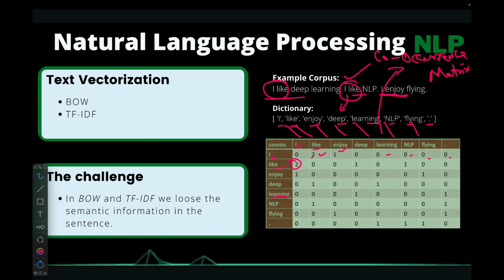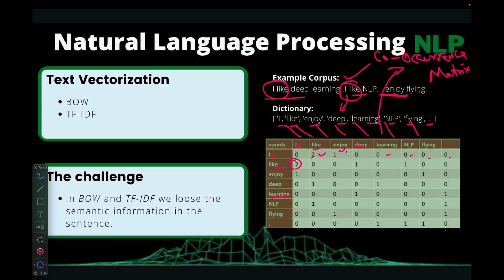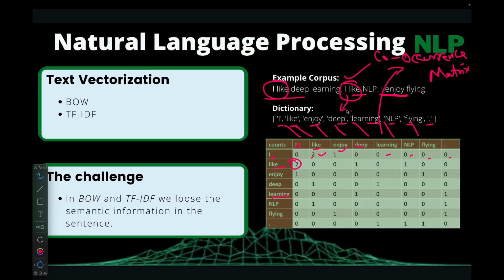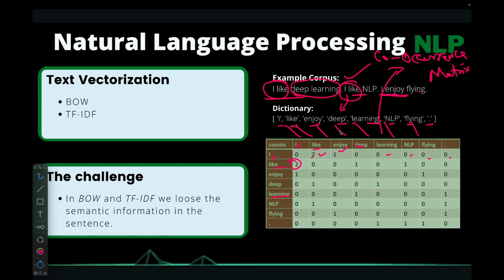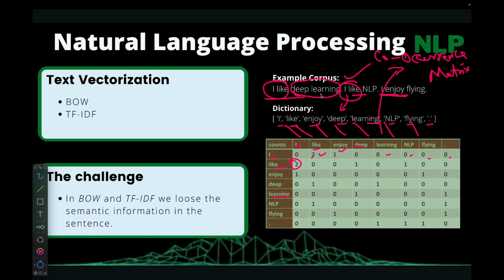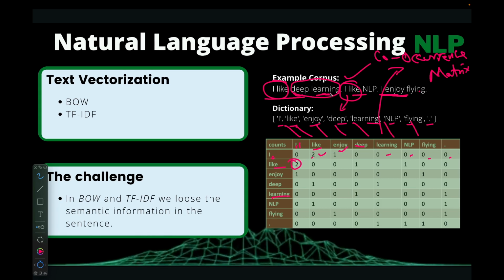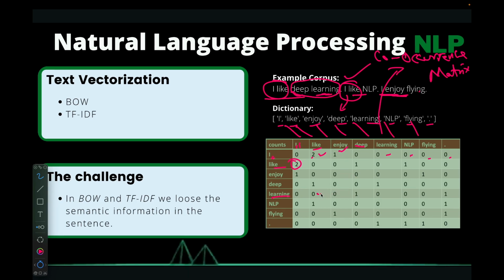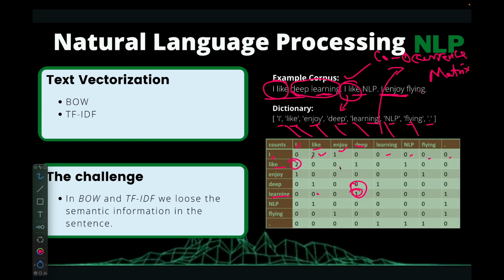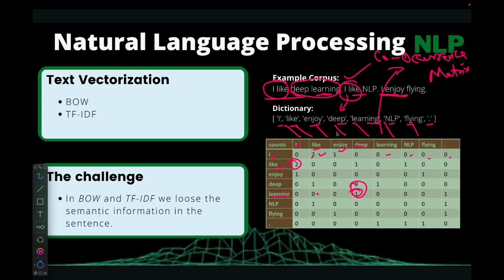How many times did "learning" and "deep" appear together? They appeared 1 time, whether "learning" came last or first. So that's basically what it does.